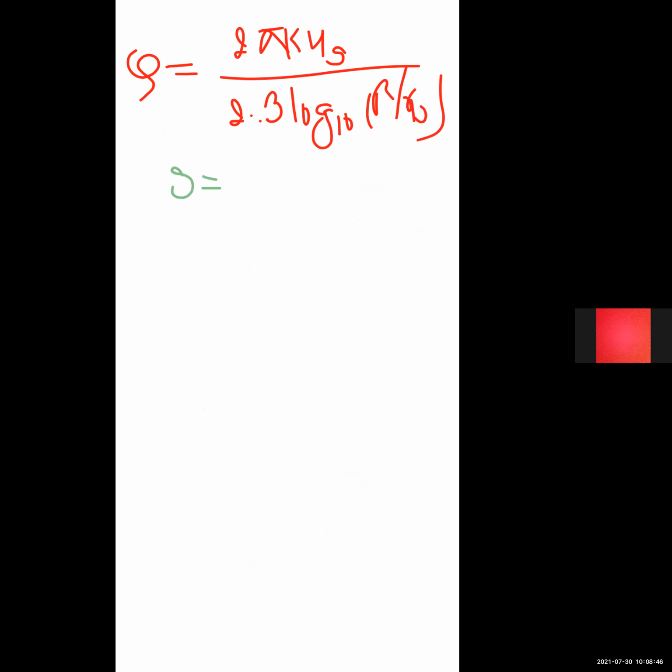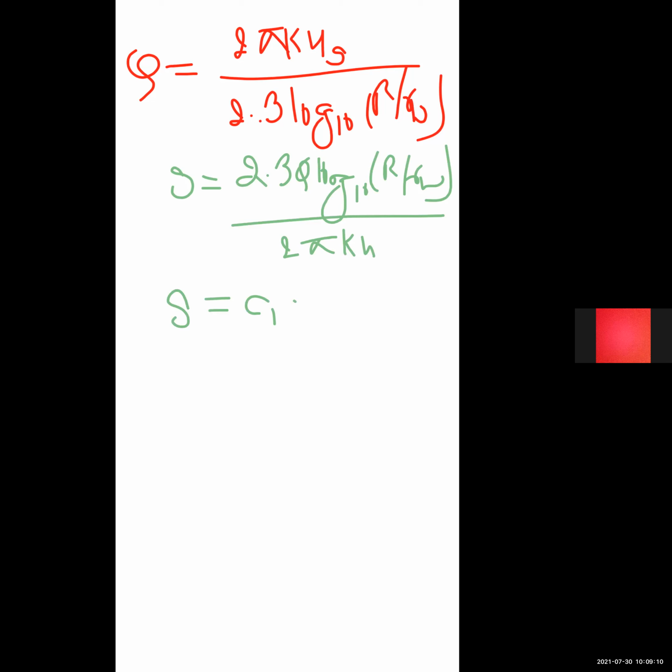What is S? S is the drawdown, and the value of S is S equal to 2.3 Q log 10 R by RW divided by 2 pi KH. So this is S equal to C1Q, where C1 is a constant and the constant value is given.